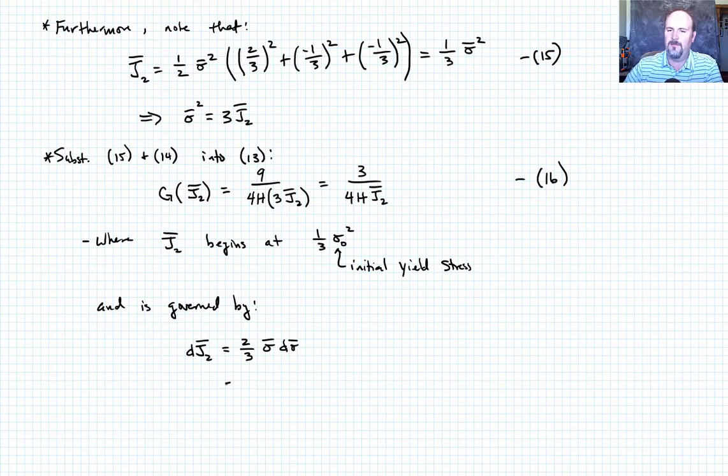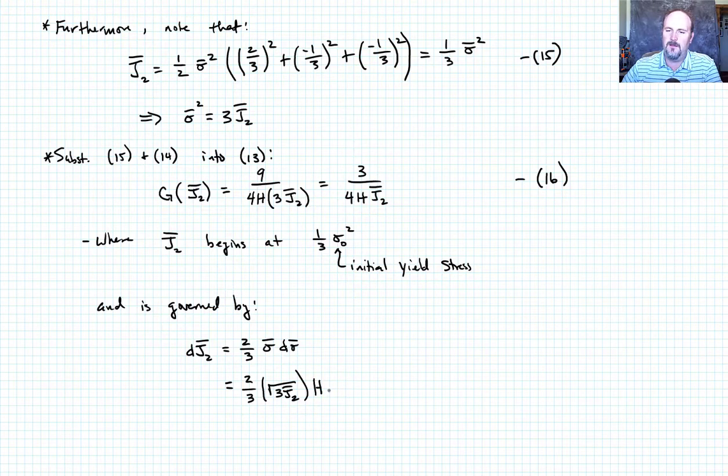I already have some relationships for sigma bar, so this is 2/3. Sigma bar I know is going to be the square root of 3 times J2 bar. And I know that d sigma is related to the increment of the effective plastic strain via this term h, right?